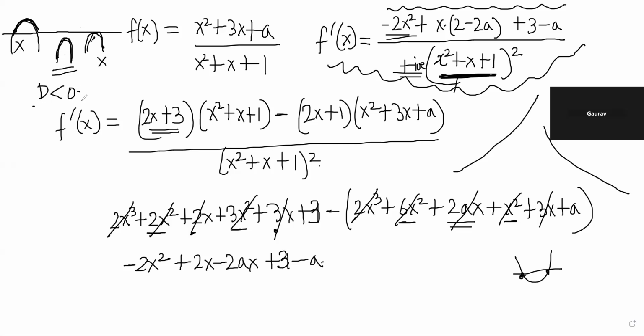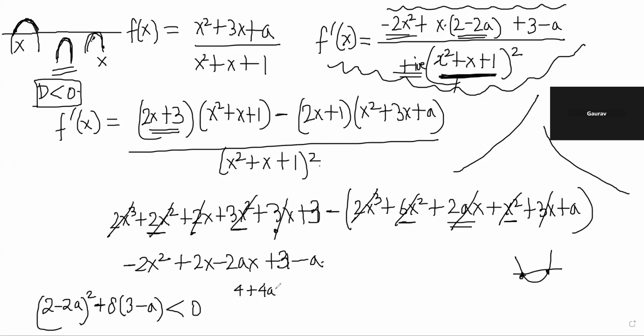Discriminant is less than zero, right? Yes. So discriminant less than zero will give us the condition. So (2 minus 2a) whole square minus 4 into minus 2, so plus 8 into (3 minus a), is less than zero, right? Yes. So you're getting 4 plus 4a square minus 8a plus 24 minus 8a is less than 0.